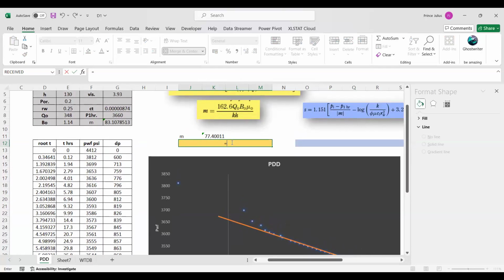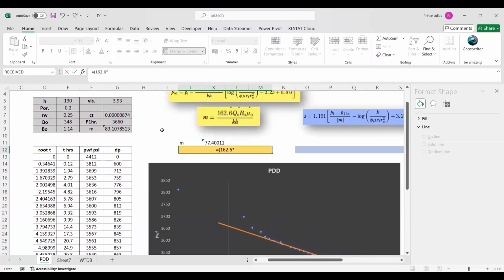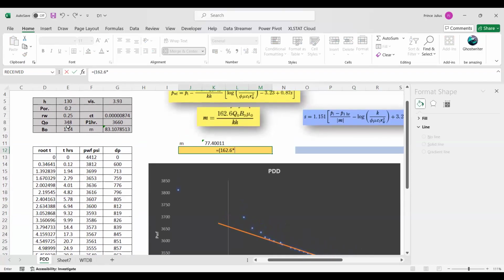So let us see what value we can get for permeability. I will start with a bracket, 162.6 into capital Q naught, so 348 barrels per day, into formation volume factor, into viscosity of oil 3.93 centipoise.